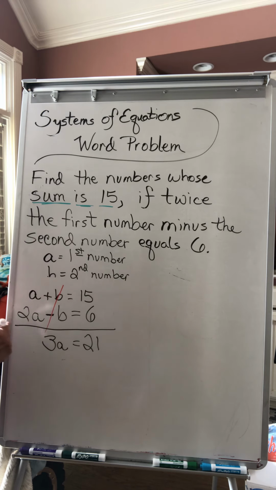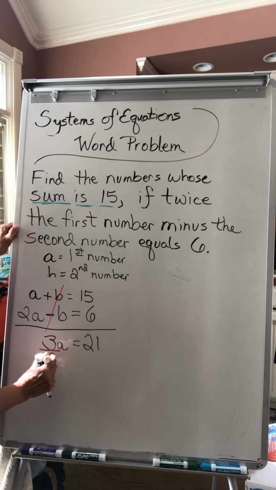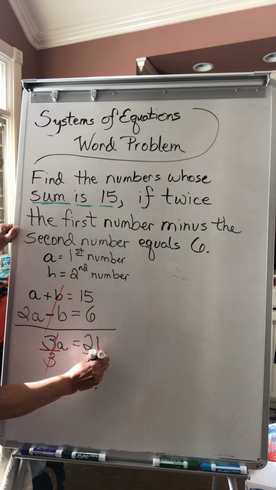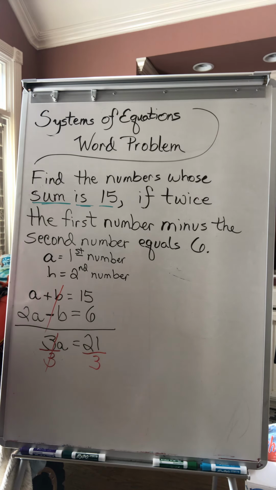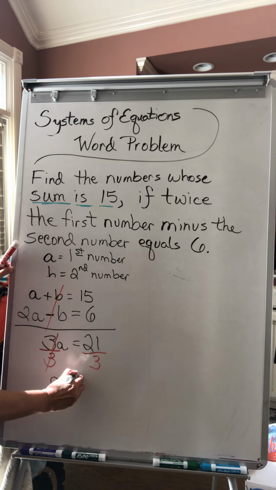The 3 is related to my variable A by multiplying. To get rid of it, I will divide and cross it out. But anything I do on one side of the equal sign, I must jump over and also divide by 3 on the other side. So now I know that A equals 21 divided by 3, or 7.